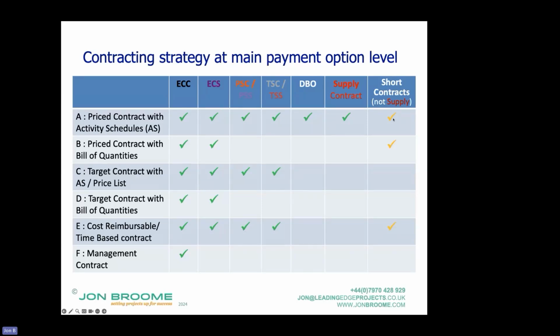And last thing on this slide before we move on, we've got orange or amber ticks here, and that's because the supply contracts don't have any main payment options, but you could, depending upon how you structure the price list, say it's an activity schedule, effectively, or you could say it's a pure bills of quantities, I'll pay you quantity times rate, or you could do a combination.